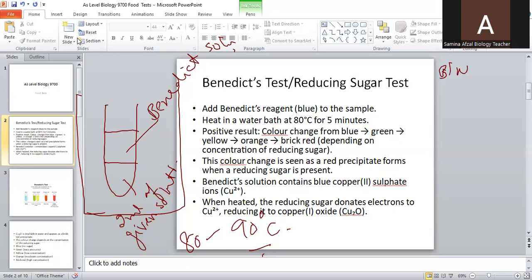So the color changes will occur. Blue will change into green, and then green will change into yellow, yellow into orange, and orange into brick red.